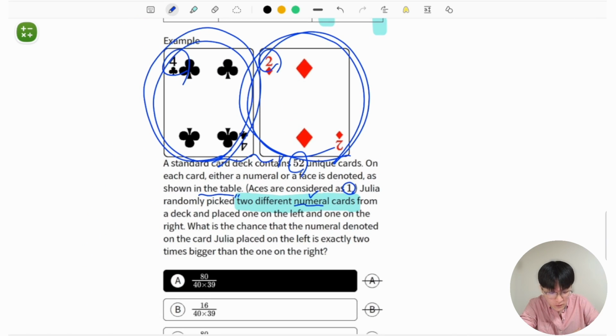So instead of looking from 52, we're starting from 40 cards. Okay? That's one trick that this question has. And we're choosing two different cards. If we choose one card from the 40-card deck, we have 40 different possibilities. Multiply that by, since we took one out, the next card is going to have 39 different possibilities. So this is the total number of possibilities that we have.